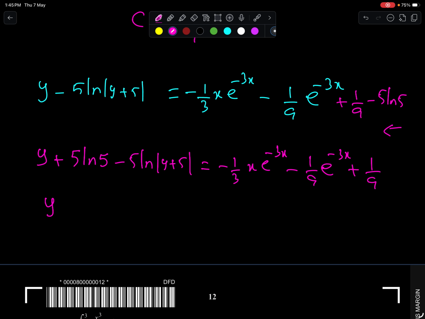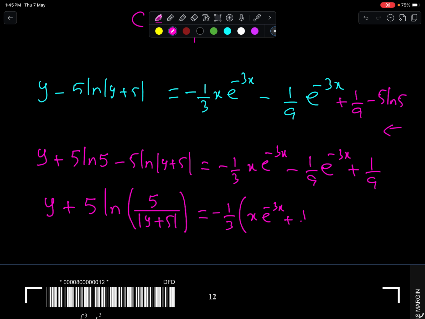So by using the quotient law, we have taken 5 common first: ln 5 upon y plus 5. Here we can take minus 1 upon 3 common. So we have x e^(-3x) plus 1 upon 3 e^(-3x) minus 1 upon 3. That's the exact answer.